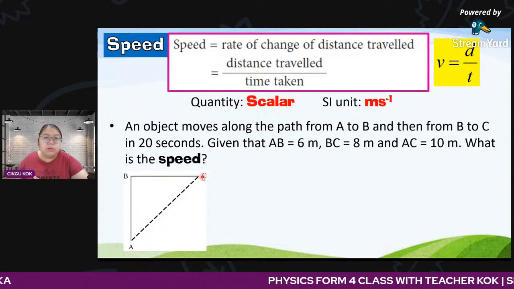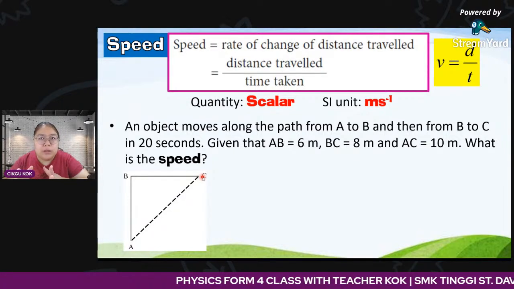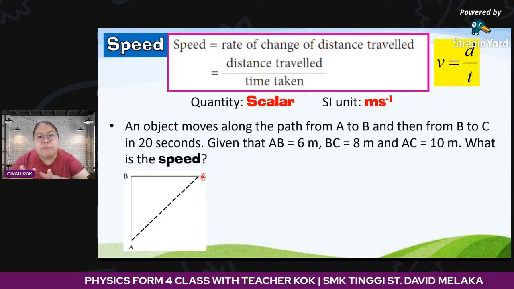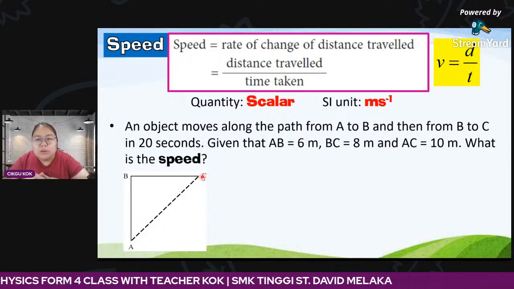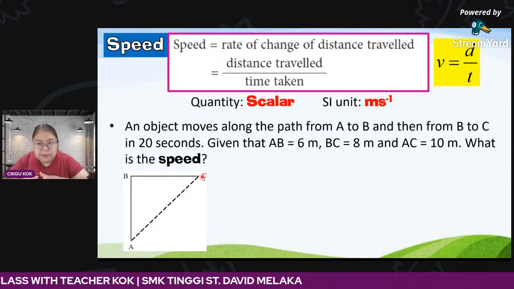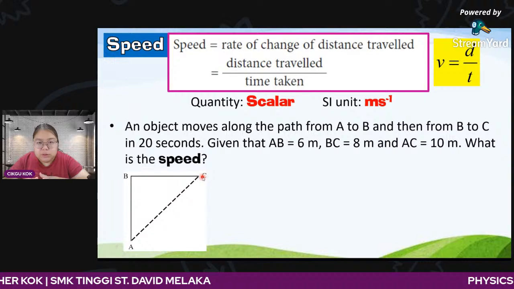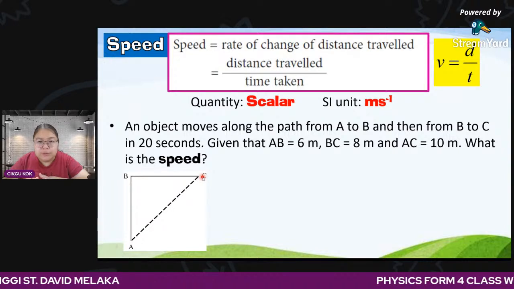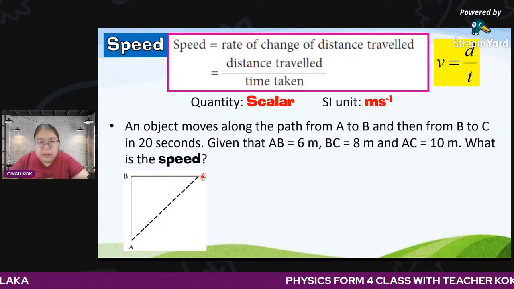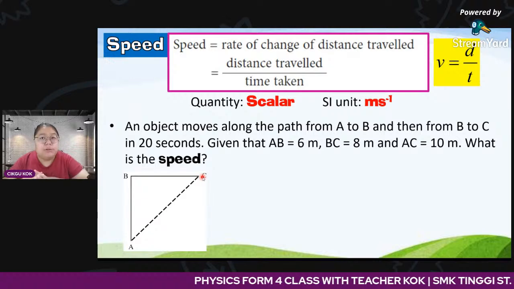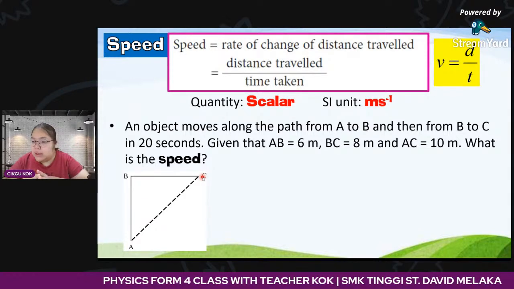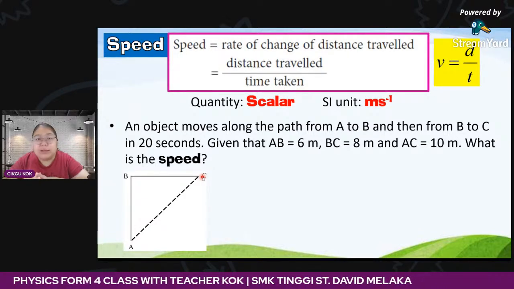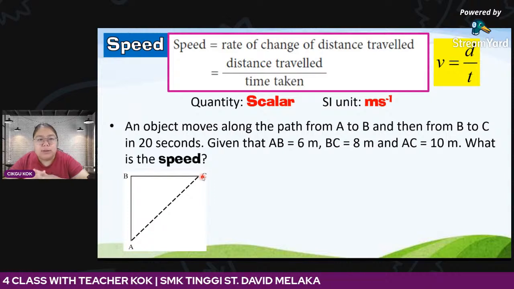You can just give me the answer. I want to find the speed. So the object just moves from A, B, then C, then finishes. Anybody on the live stream, you can type your answer here. What is the speed?